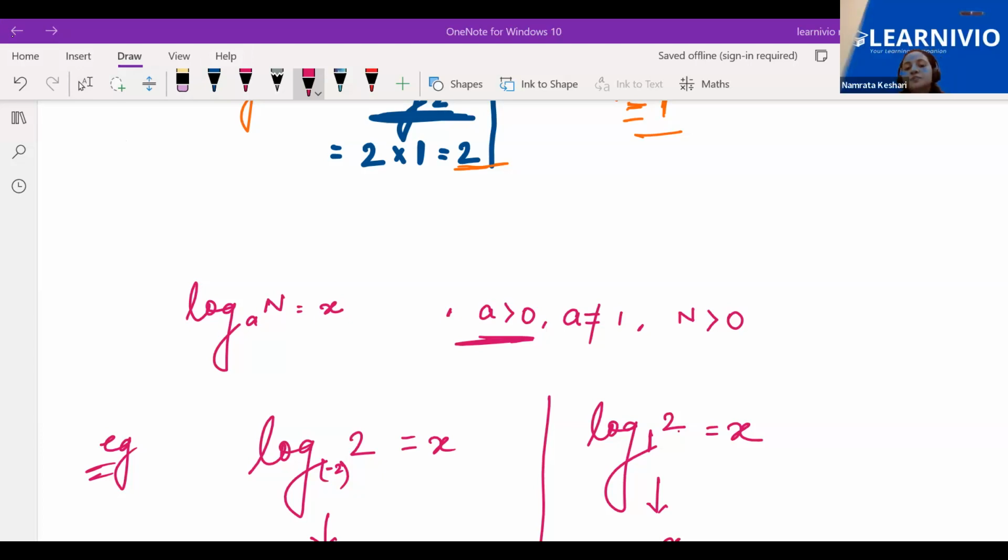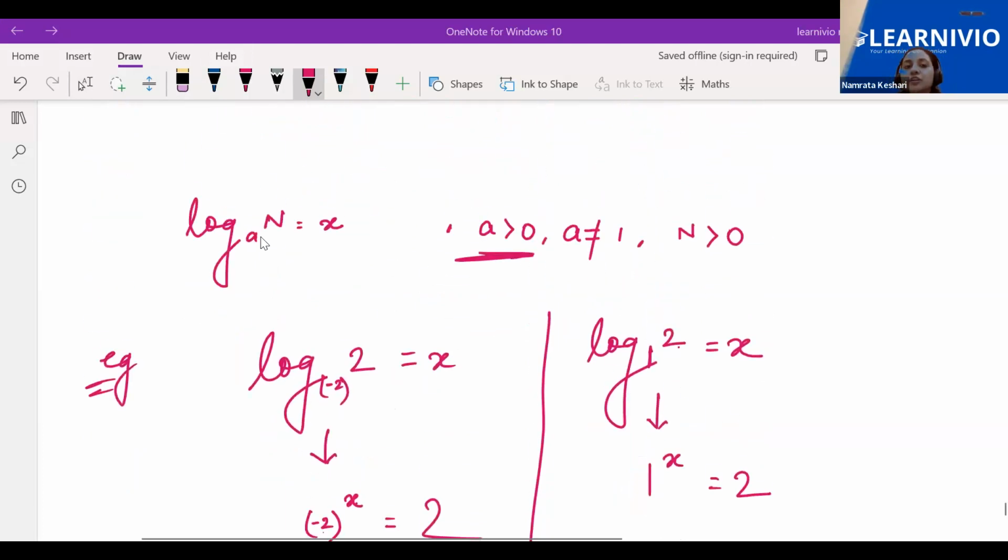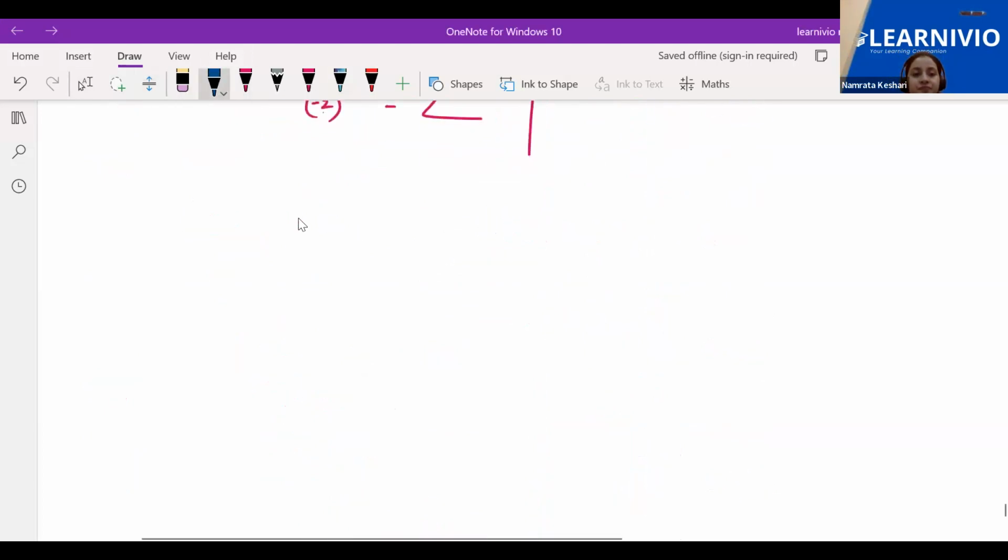Okay, Annapurna. So if this much is defined over here, can you tell me what is the possible input for this logarithmic function? Think about it and let me know.